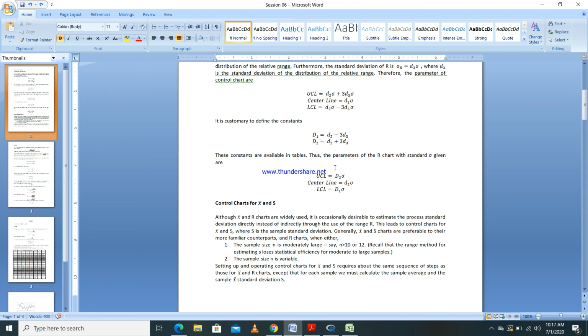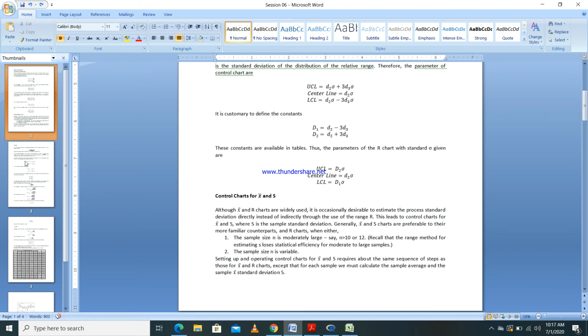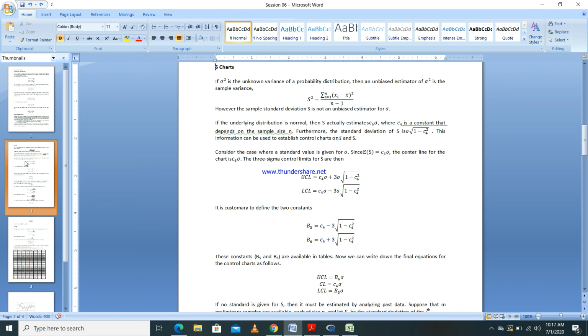So as we read the factors, here you have to read factor D2 and factor D1 and factor D2. So likewise, you can simply read the factors from the table and construct these charts, right?